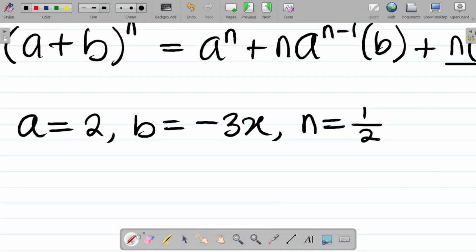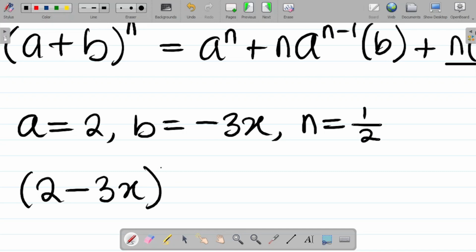So this means that (2 minus 3x) to the power 1 over 2 would be equal to, the first thing you have, a to the power n. a is 2, so it becomes 2 to the power n, and n is 1 over 2.